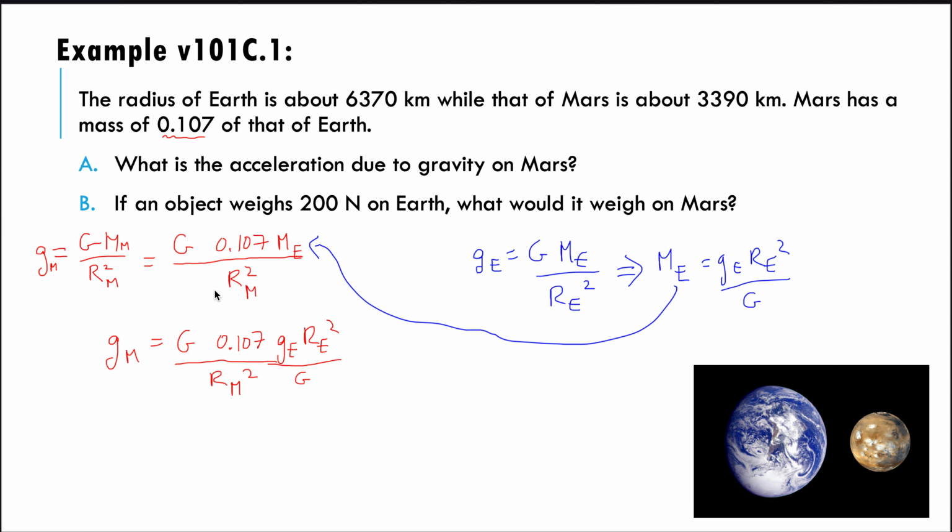We see that the big G's cancel out, and now we can plug in all of our known information to find g on Mars.